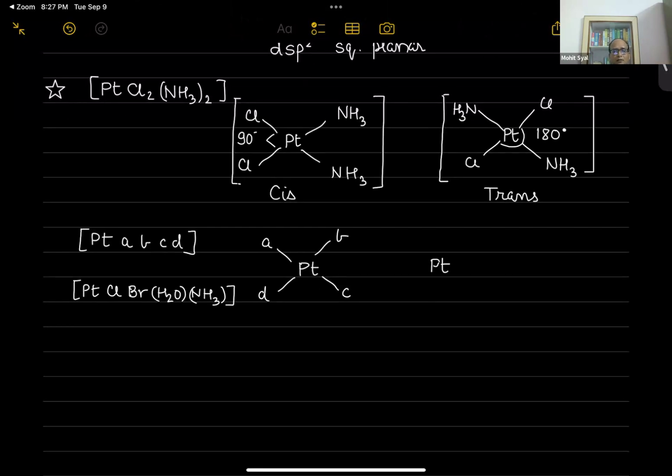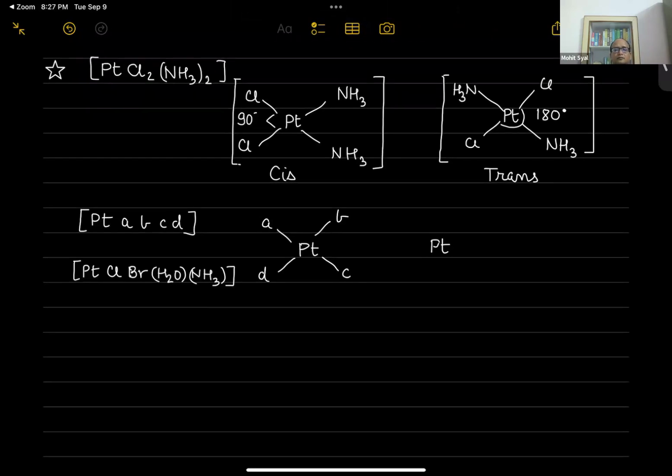Yeah, Marwa, how many are you getting? How many different arrangements, cis, trans, different types of ligands can you have, if all four ligands are different? Any idea?